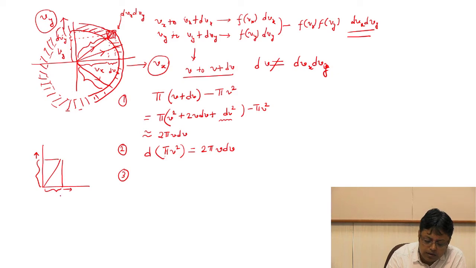Instead of vx and vy, we'll write it as the length of the vector, which is v, and this angle which we call phi, and phi can take values from 0 to 2 pi if we complete a circle. So all we need to know is the relation between them, how we can write vx and vy in terms of v and phi, and then all we are going to do is integrate it over the entire volume and entire area.